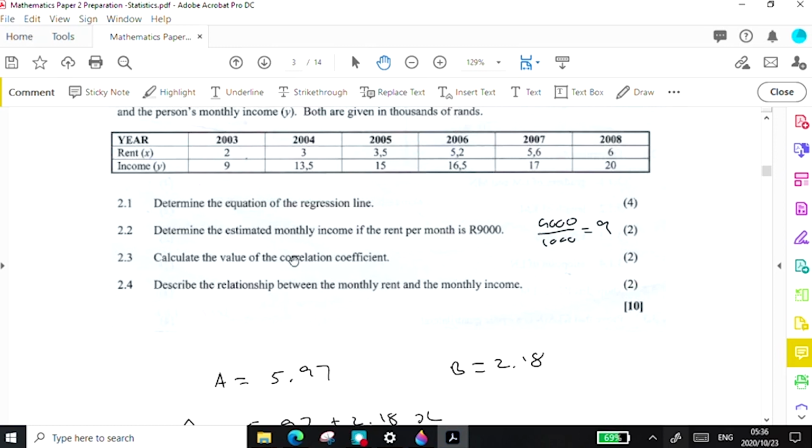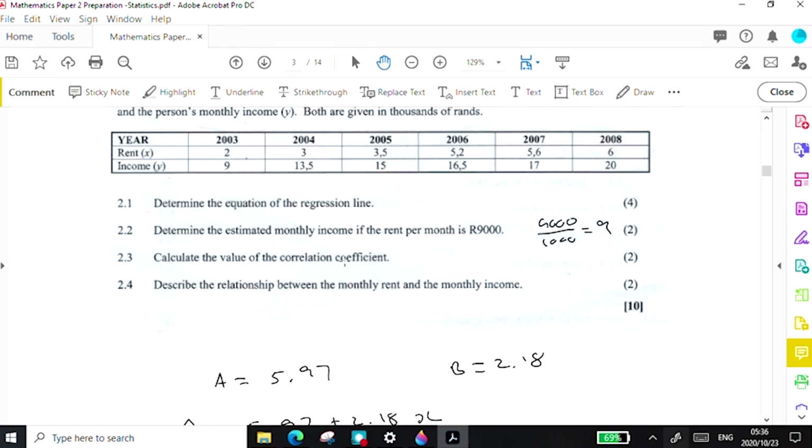We also want to find the correlation coefficient. To find the correlation coefficient, again we go to Shift, we press 1, and we choose 5 for REG. After choosing REG, you look for R, which is the correlation coefficient.